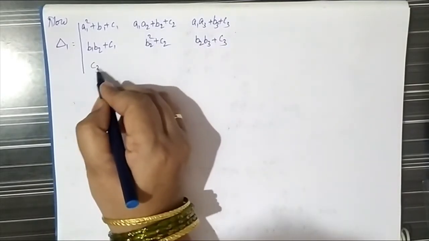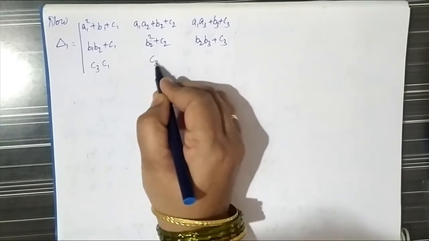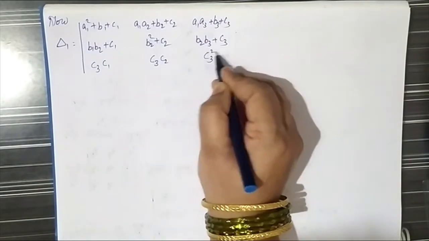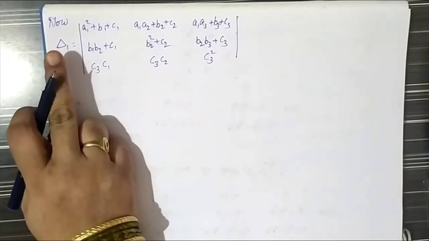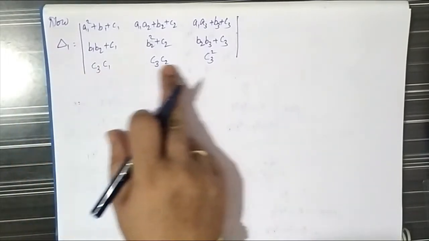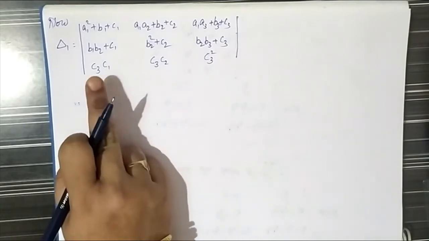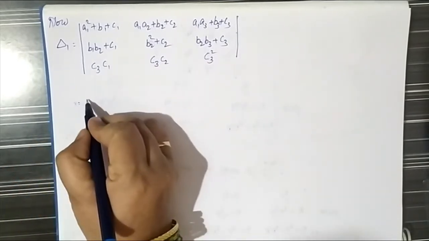The third row is c3 c1, c3 c2, c3 square. By keen observation of delta 1, in the third row the common term is c3. We have to take it outside the determinant.